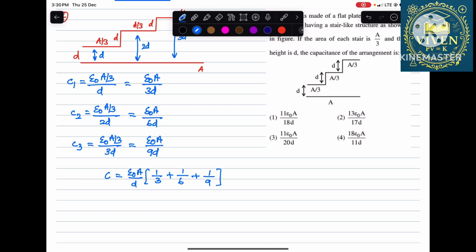The LCM for 3, 6, 9 is 18. So epsilon naught A by D into 18, then 3 sixes are 18, 6 threes are 18, and 9 twos are 18, which will give me the capacitance of 11 epsilon naught A by 18D farad.